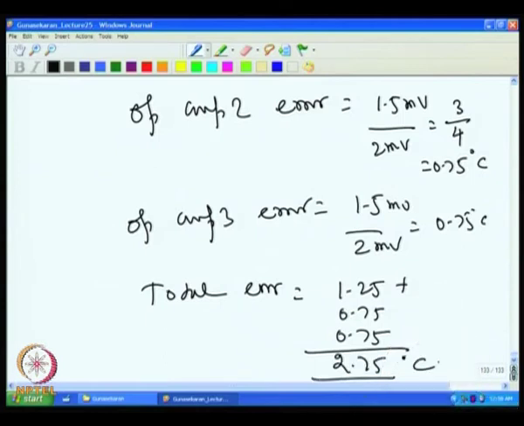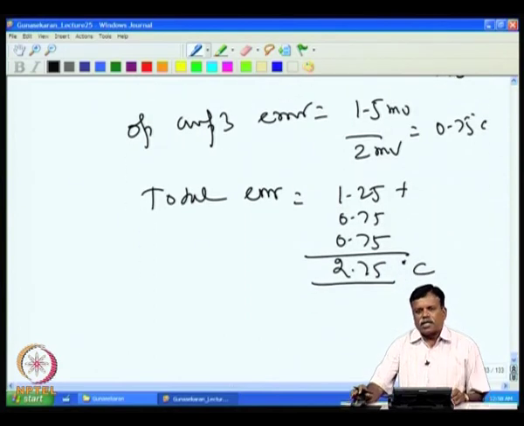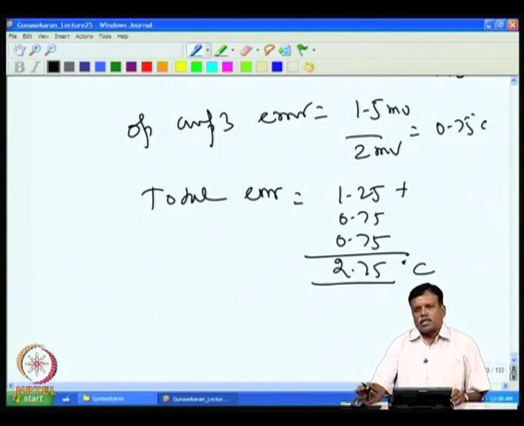So, one can reduce the total error due to offset voltage by increasing the gain of the first stage. One can closely calculate the error in each stage and then see that the circuit functions with least error.